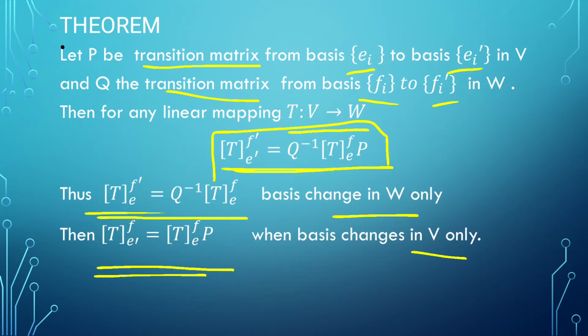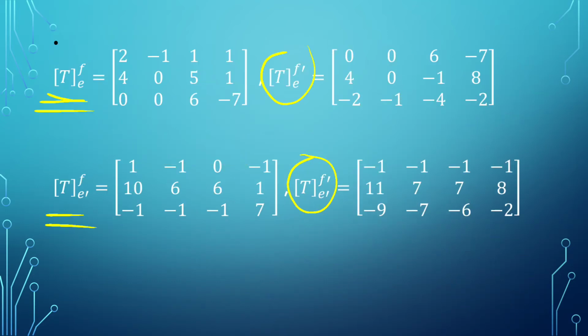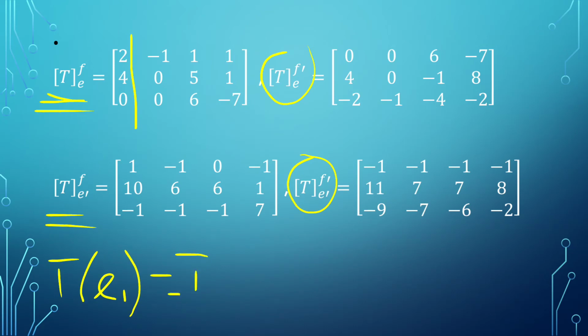Okay, so therefore, for example, if you want to get those vectors, we do T(E1). T(E1) is actually T of the standard basis vector 1, 0, 0, 0.